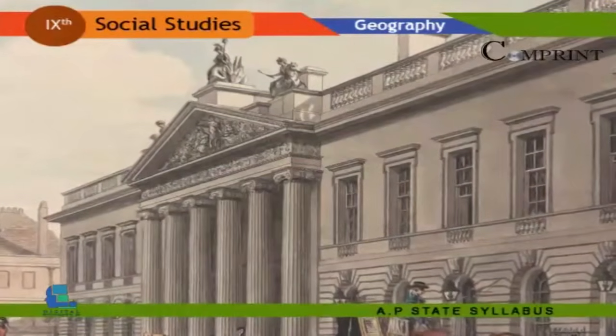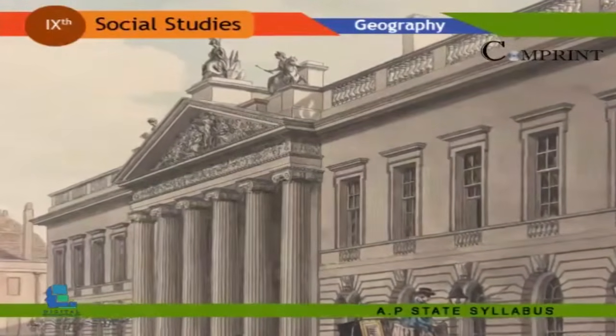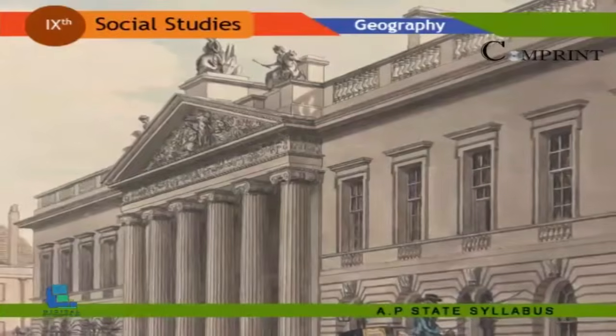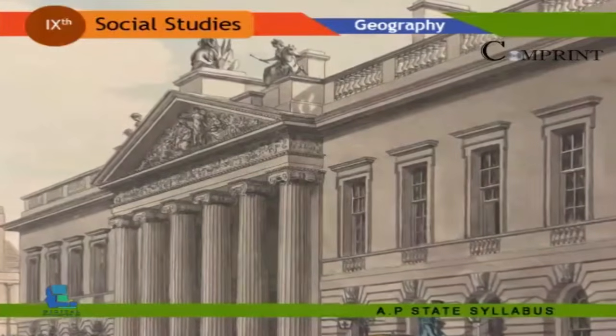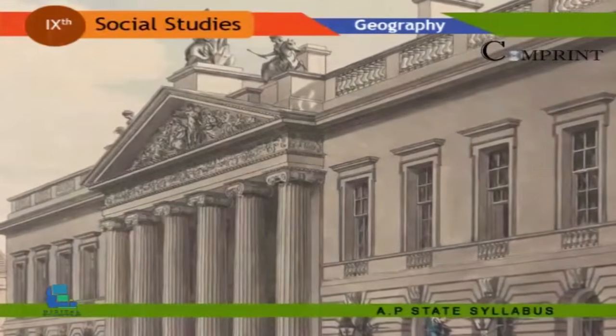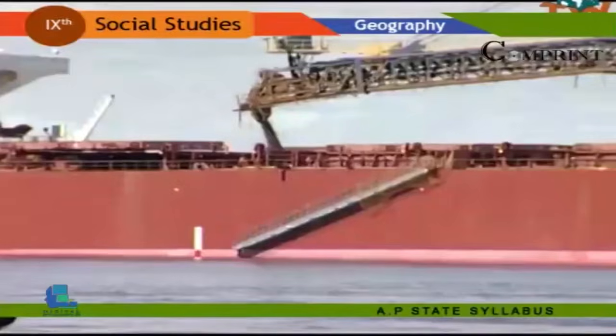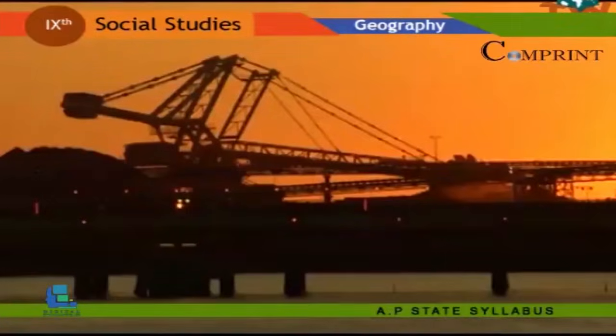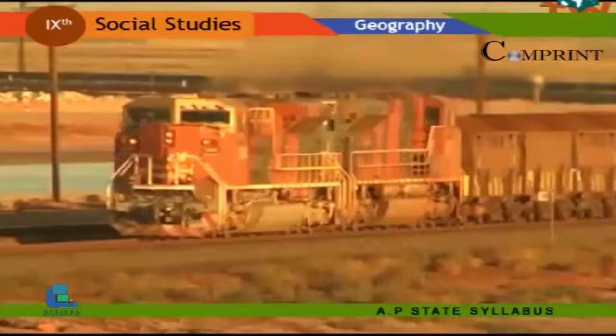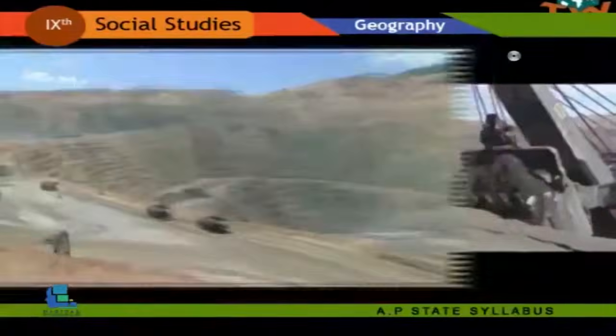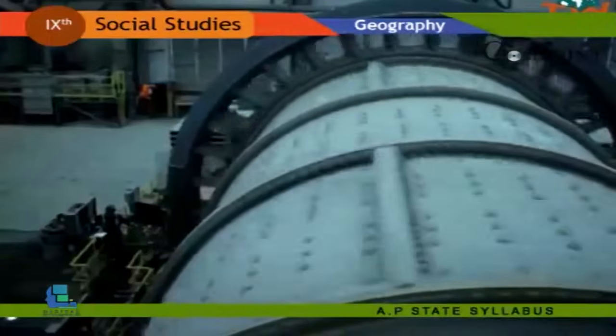One important driving force behind this idea was to become self-sufficient in meeting our needs and to make the country an industrially developed nation. Transportation is needed to bring raw materials to factories and transfer finished goods from them. Truck, railway, and ship are means of transport.